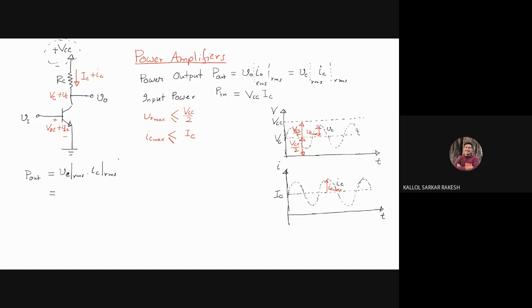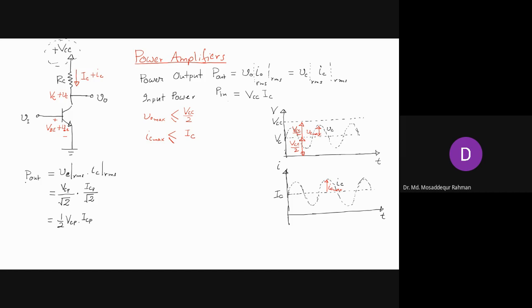Peak value by root 2. Right. So the peak value of the collector voltage divided by square root 2 will be the RMS value. Similarly, for the collector current, the peak value ICP divided by square root 2. So that means it is half of the peak value of collector voltage and the peak value of collector current.